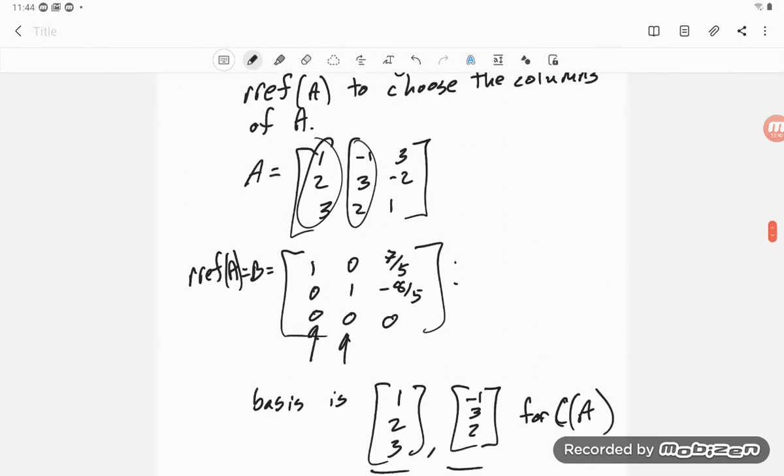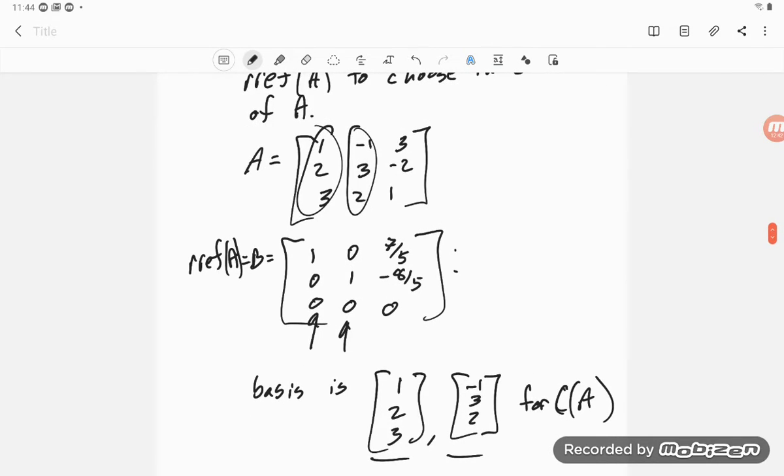And another way to see that these two vectors should make the basis is to think of the left to right idea. Okay, again, I know I can make a basis out of the 3 vectors 1, 2, 3, negative 1, 3, 2, and 3, negative 2, 1.